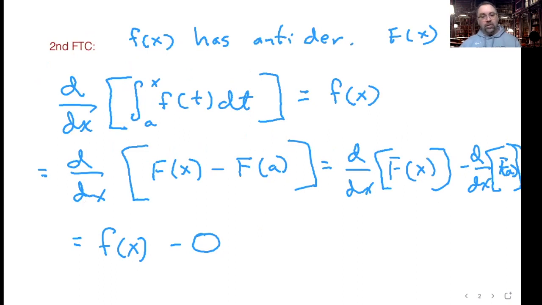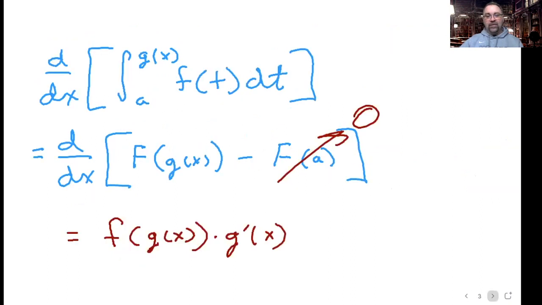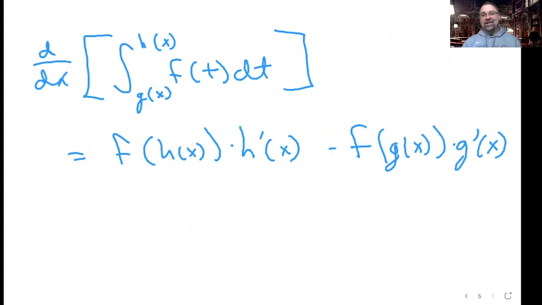Yes, this is true. But the fine folks at the College Board have found ways to really complicate things by adding functions top and bottom and making sure that everybody's paying attention to the chain rule as we go along. So that's one of the first things I wanted to talk about with you with the second fundamental theorem of calculus, because I've definitely seen College Board do this to us.